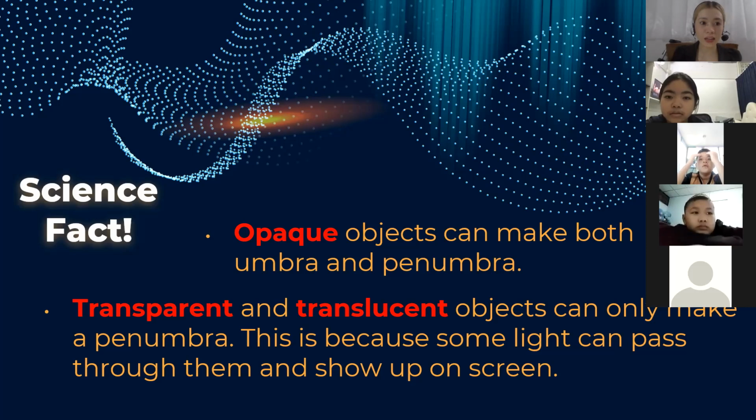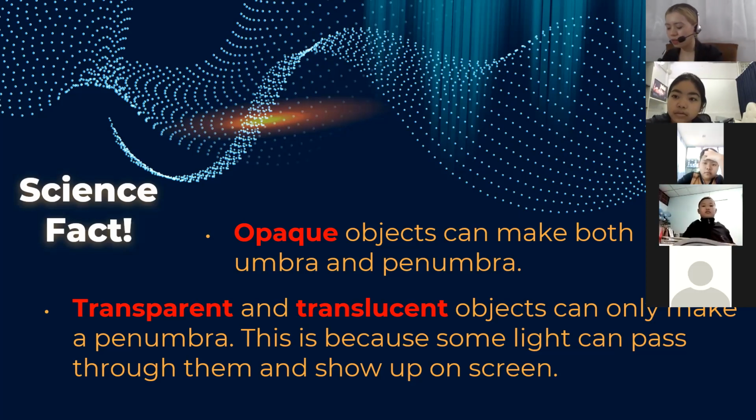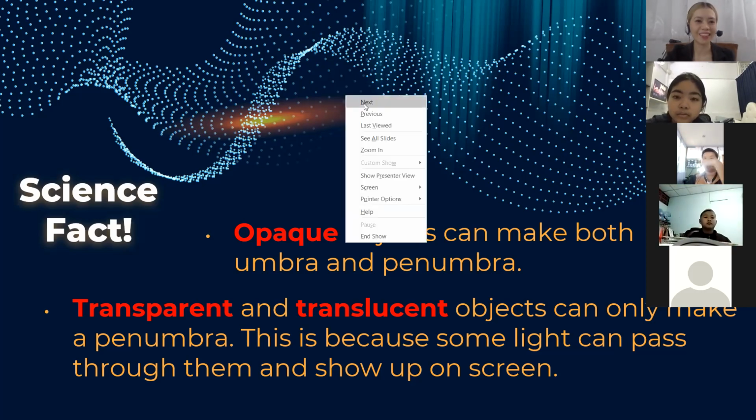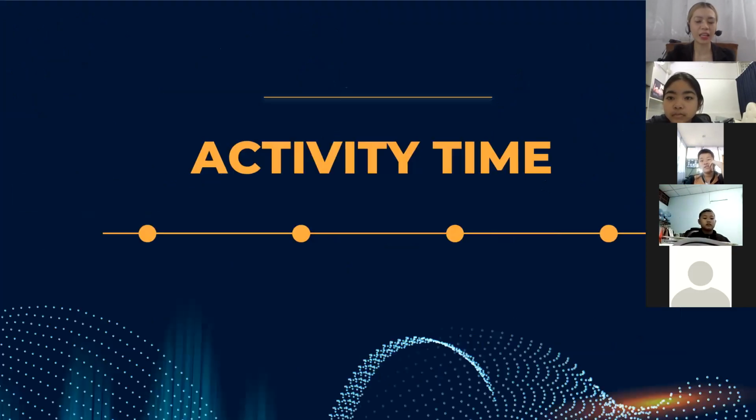Did you understand? Yes or no? Yes. Do you want me to repeat? Yes or no? No. Okay, so if you really understood that, let's have an activity on opaque, transparent, and translucent.